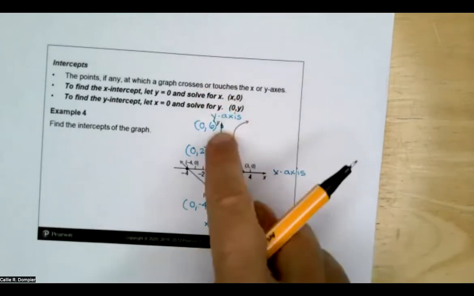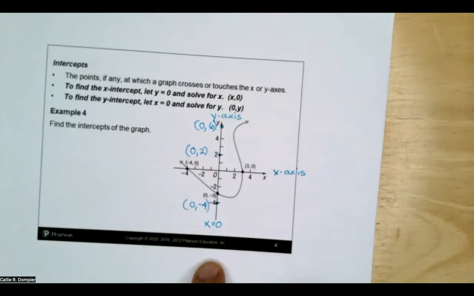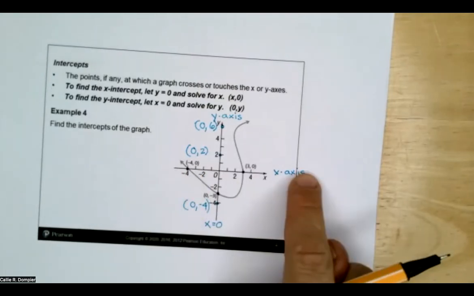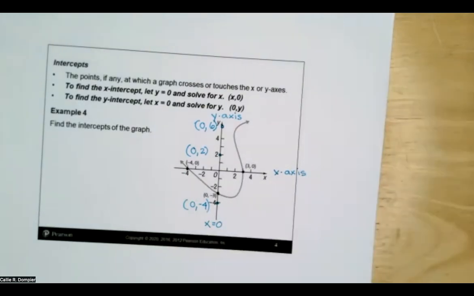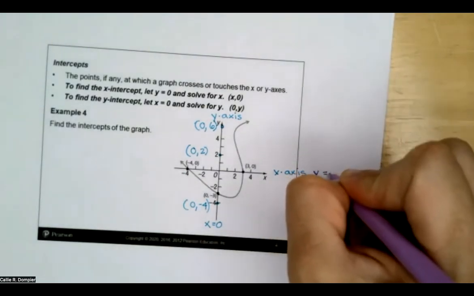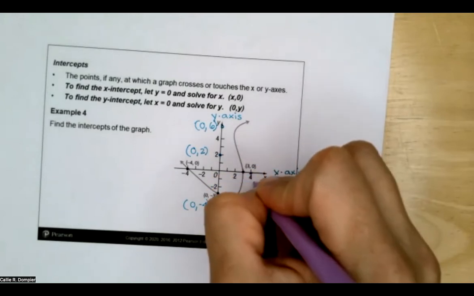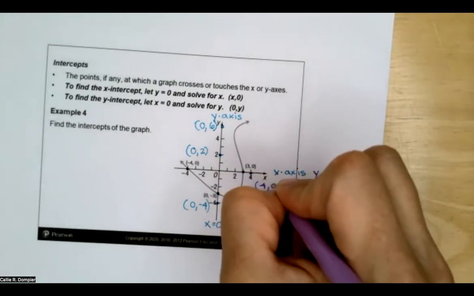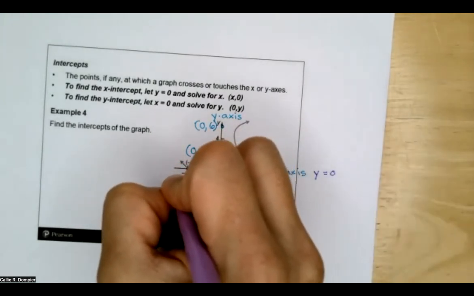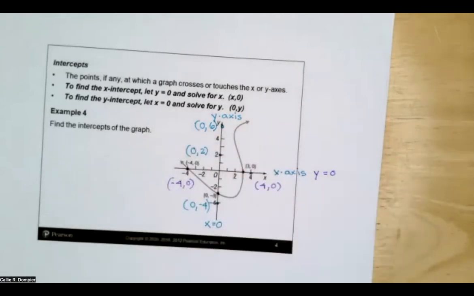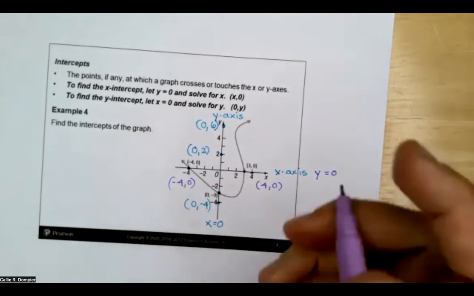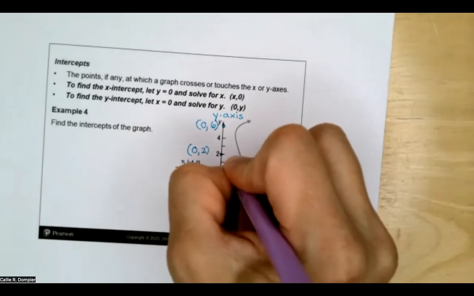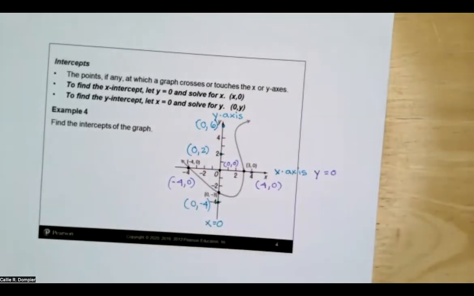Everywhere on this line, on this y-axis, x is equal to 0. On the x-axis, y is equal to 0. Here's the point 4, 0. Here's the point they already labeled it. I'll label it again. -4, 0. Here's the point 0, 0 because it's on both the x-axis and the y-axis.